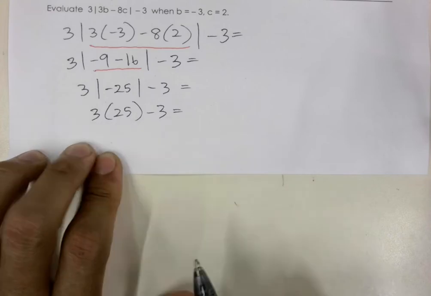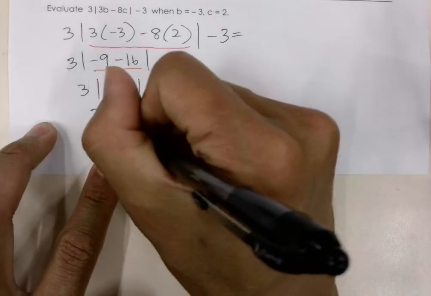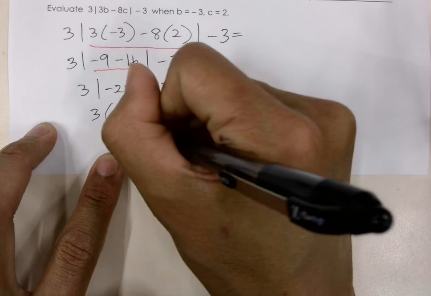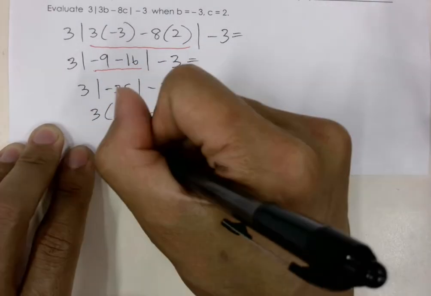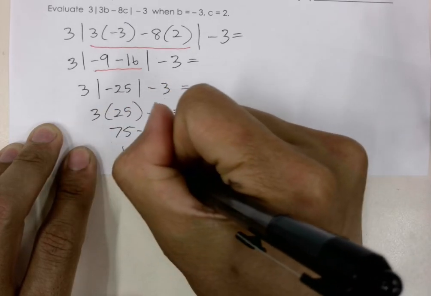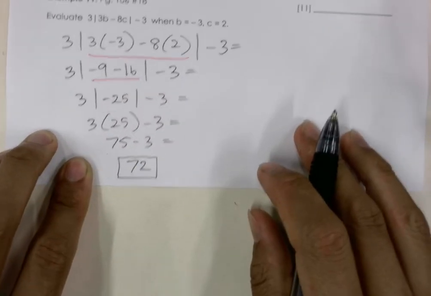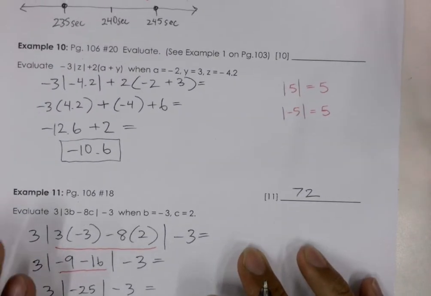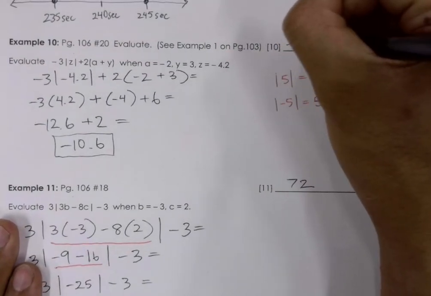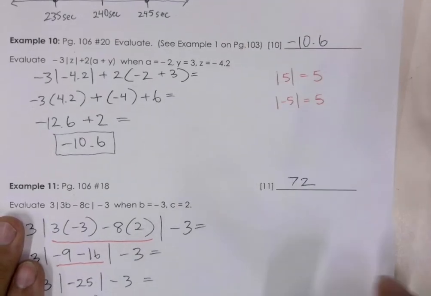Let's go ahead and multiply first. So we'll multiply and we'll get 75 minus 3, and that is going to equal 72. And I'll put my box around that answer and write it up here, 72. And I also forgot to write my negative 10.6 up on example 10.